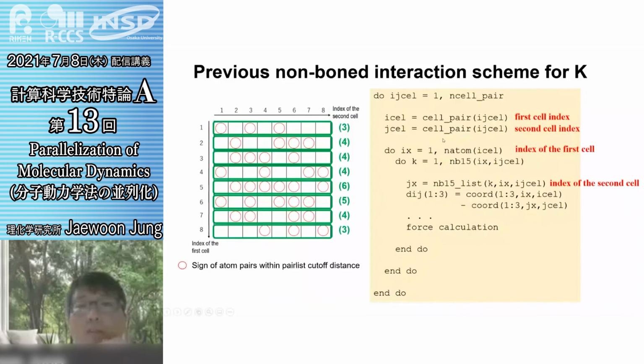And we make a do loop of the first cell index, and then we decide the atoms within the cutoff value from the second cell. So for example here, the first particle in the first cell has the interaction of the first, third, and fifth particle in the second cell. And the second particle in the first cell has the interaction of the second, fifth, sixth, seventh particles in the second cell. And in this way, you calculate the particle pair interaction.